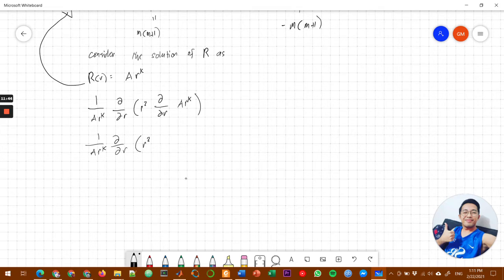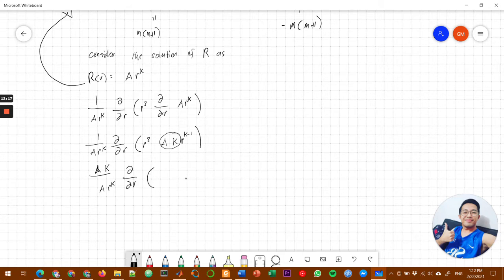If we take the derivative, k comes down, right? R to the k minus 1. And that is constant already, right? So we can take it out. That would be 1 over A k, A r to the k, partial of r.